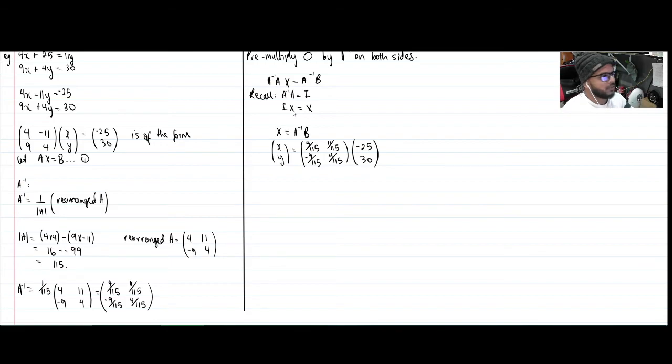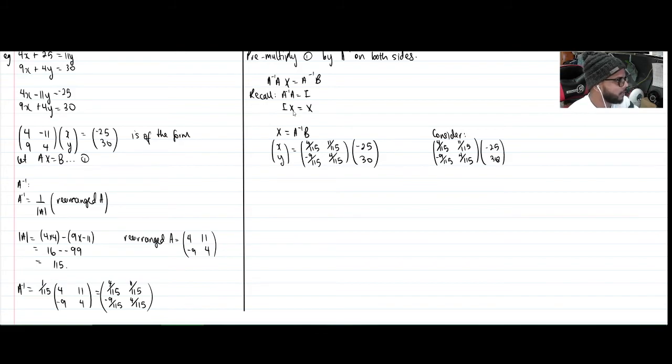If you want to work it out as it stands, you can go ahead and do so. I like to consider my right hand side as equal to [e11, e21]. So I'm going to consider A inverse by B: 4 over 115, 11 over 115, minus 9 over 115, and 4 over 115, multiplied by [negative 25, 30].